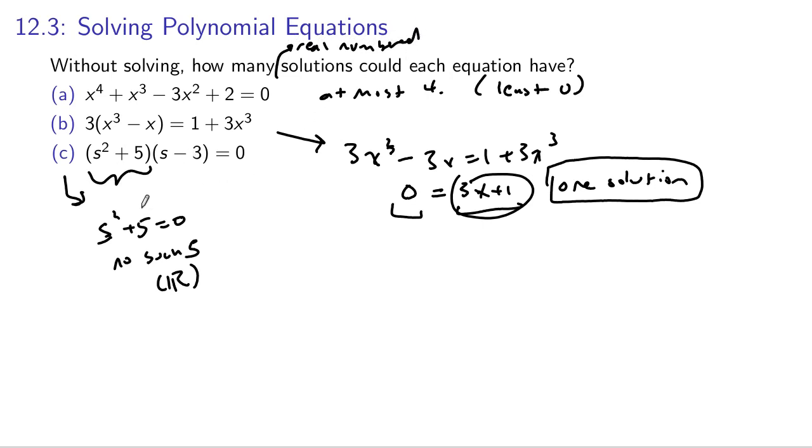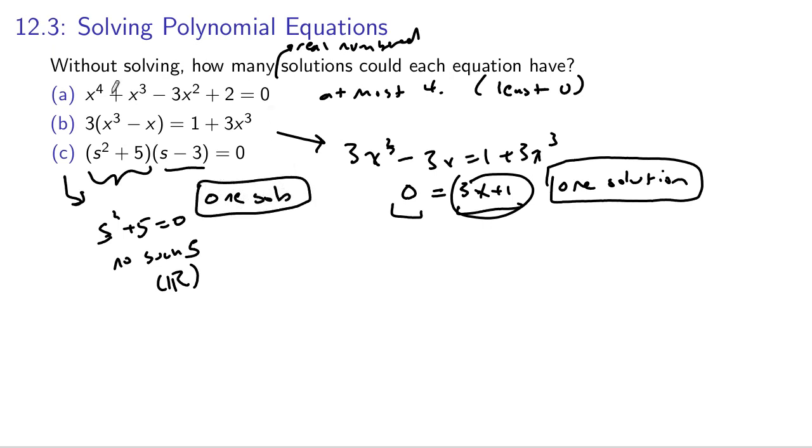We're not talking about complex numbers with polynomials. Not in this class. We're only talking about complex numbers with quadratics specifically. So, in general, with polynomials, we're not. So this would be 1. And again, the degree is odd, so there has to be at least 1. So we have one solution.